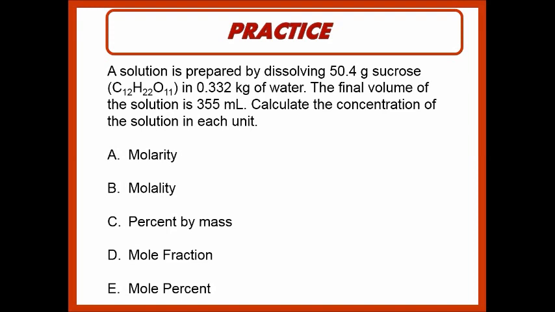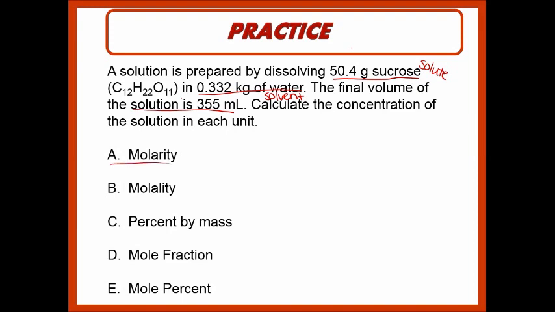We're told that there are 50.4 grams of sucrose in 0.332 kilograms of water. We can define sucrose as our solute and water as the solvent. We are also given the final volume of the solution, which is 355 milliliters.